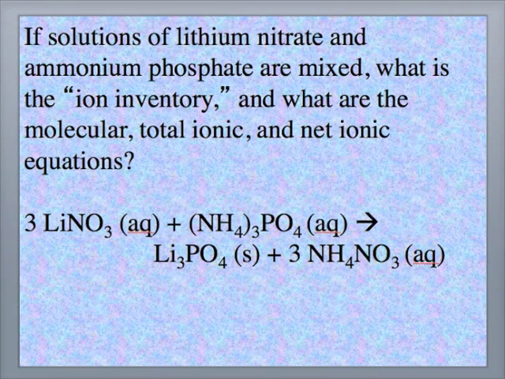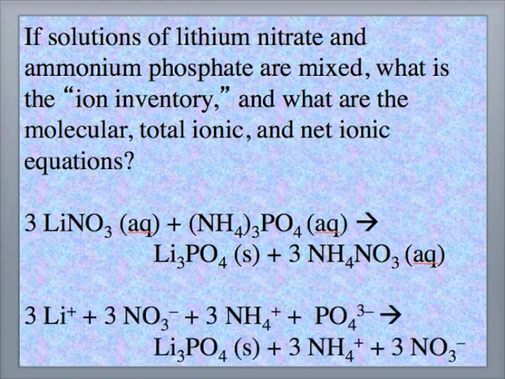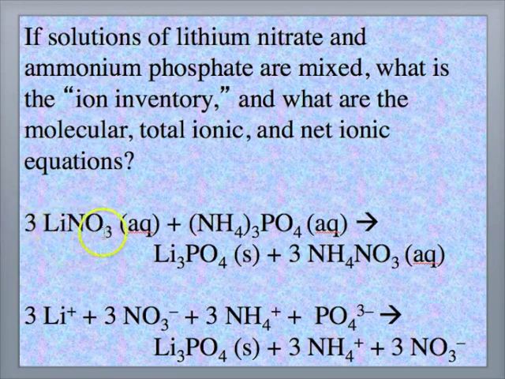So if we break these up, we'll end up with a total ionic equation that looks like this. First of all, 3 lithium ions, because we have 3 lithiums in here, and we have 3 nitrates. So 3 lithium ions and 3 nitrate ions.